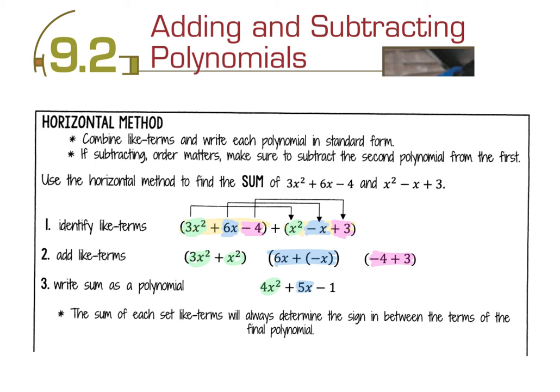And I add those, -4 and +3 gives me -1. If I were adding those two polynomials, I'm just looking across horizontally and combining my like terms. So when you are adding polynomials, all you're doing is what you did for bell work. You're combining your like terms, okay?